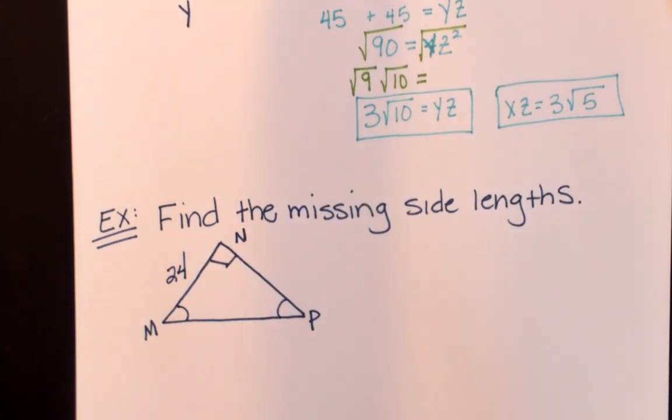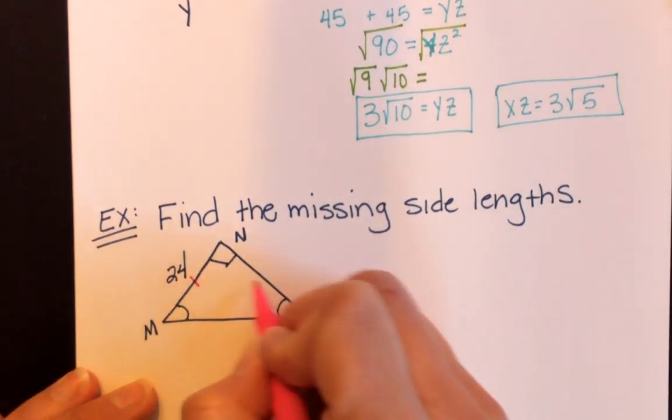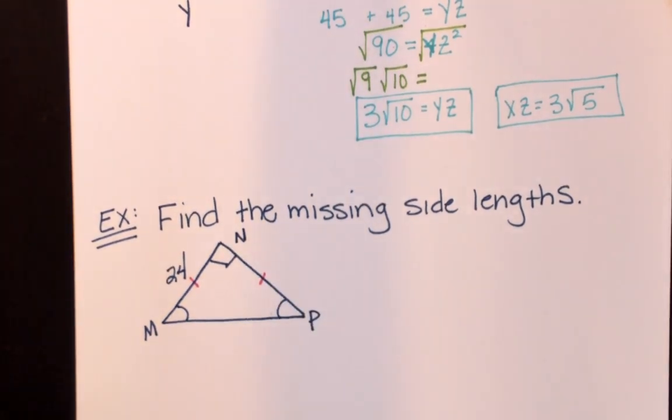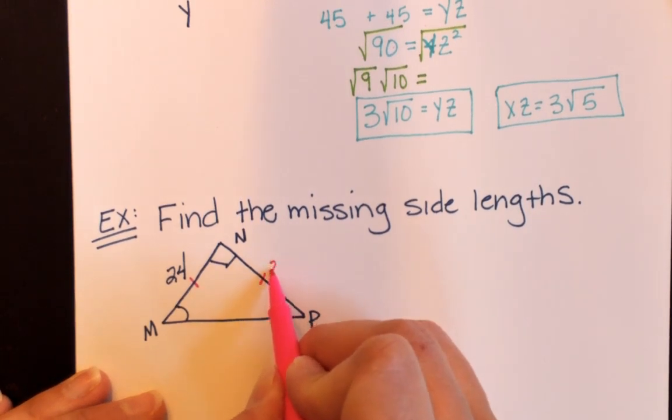And if we're going to find the missing lengths, notice the first thing, and I saw Miss Jacinto did bring this up in the chat. She said, make sure you notice I add my tick marks to the diagram. It tremendously helps, especially if we're moving too fast. So I know that these 2 sides have to be congruent, and that does tell me that this other side is 24.